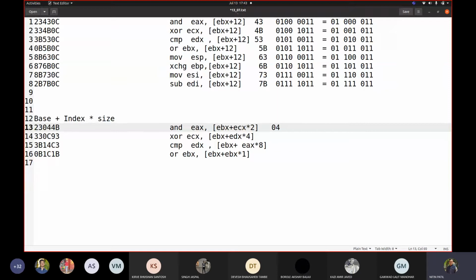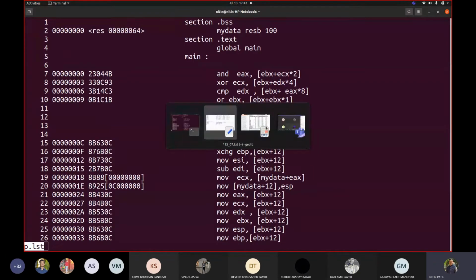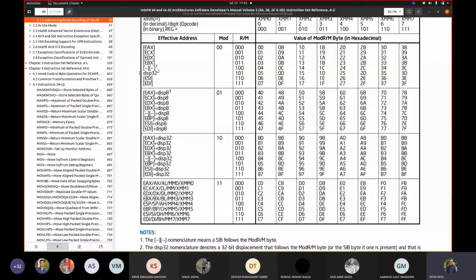How would that 04 be written? 0 0 0 0 and then 0 1 0 0, correct? This is our mod. The second bit is mod, correct? On what basis are we saying this? We saw this instruction format.